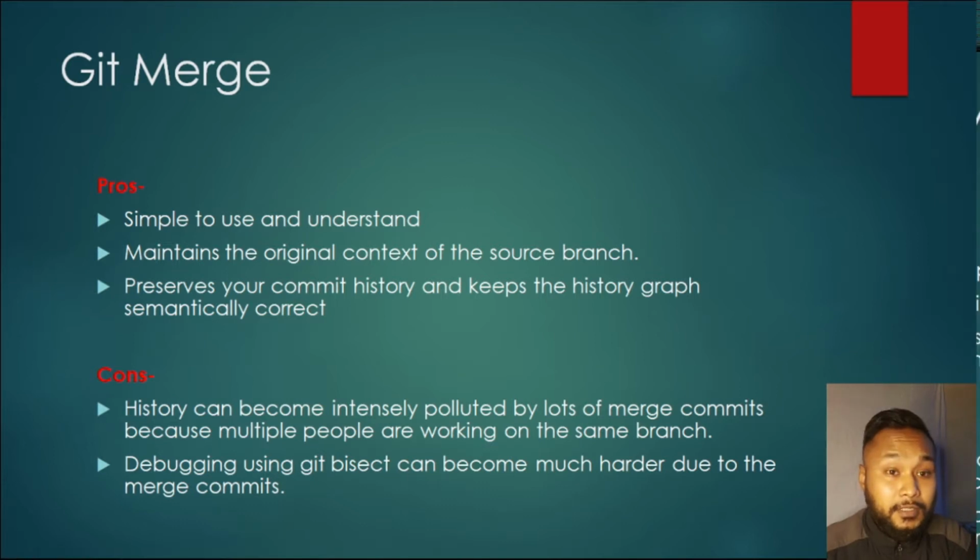In Git merge, it's like a cyclic module, and all the commits you've done in your branches get visible in the main branch, and all the main branch commits get visible in your feature branch. That's basically Git merge.